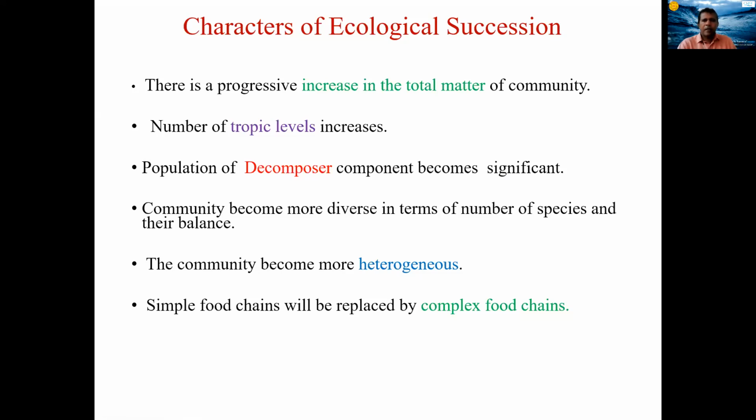But in secondary succession, the soil is already there, and that's where secondary succession comes into play, right? So there are many different things that happen within a community during this succession.